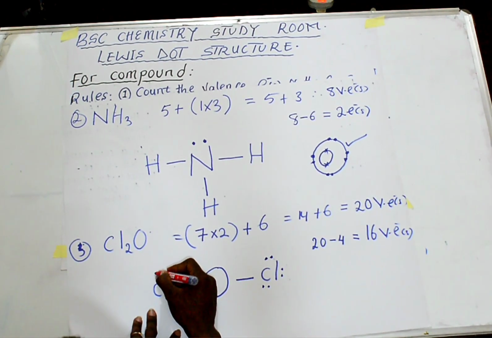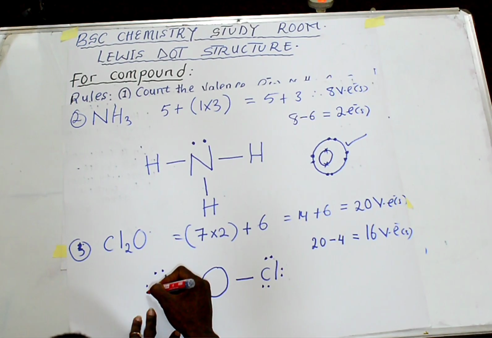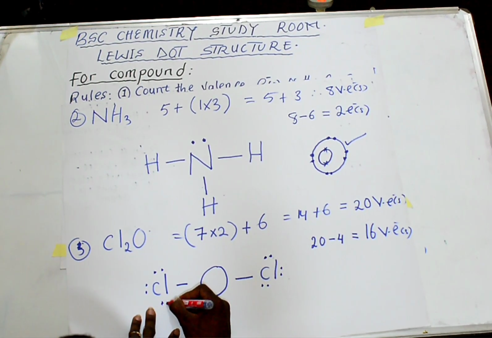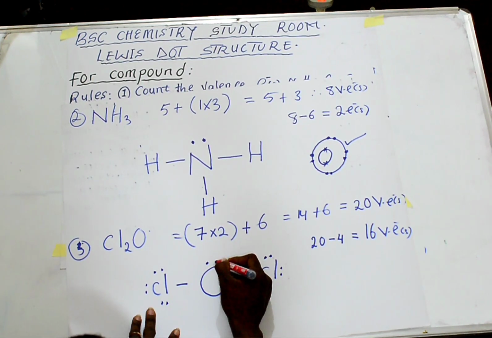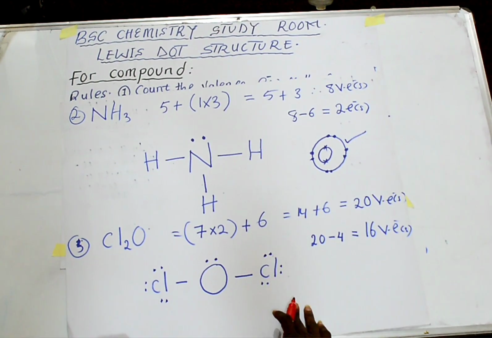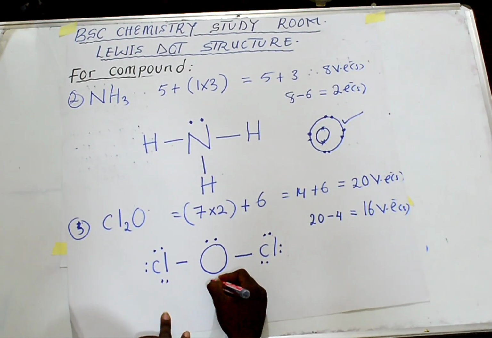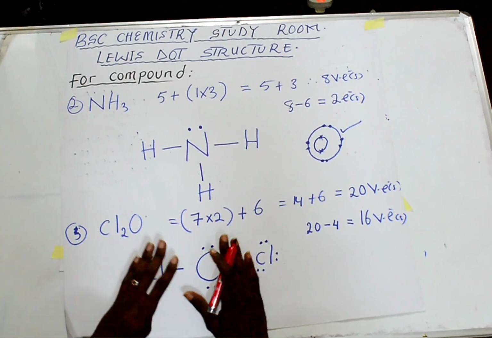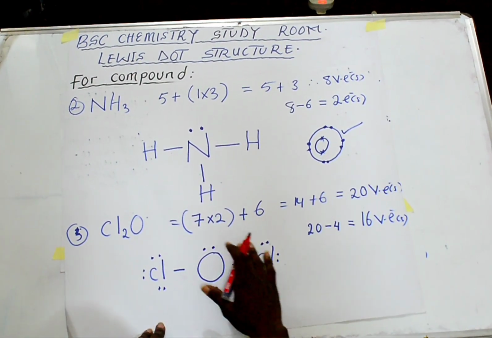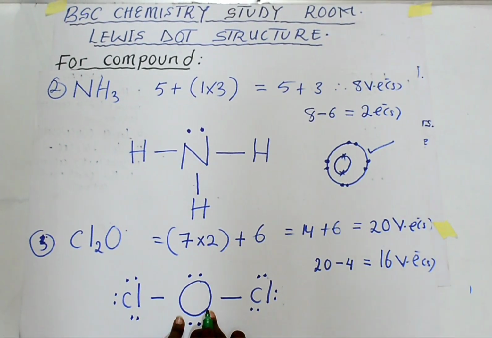Then the other chlorine: 7, 8, 9, 10, 11, 12, 13, 14. Now 2 electrons remain from the 16: 15 and 16. So now we are checking whether oxygen is octet as the central atom or not.